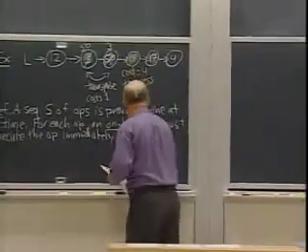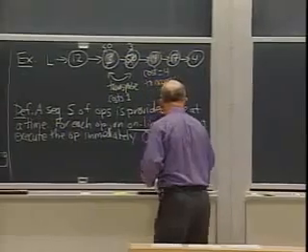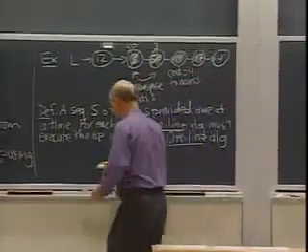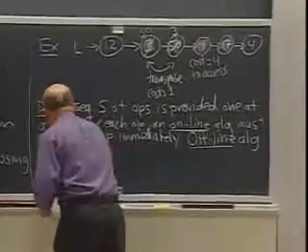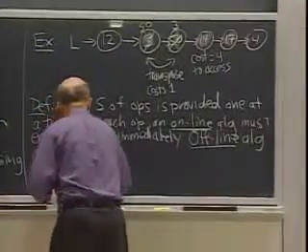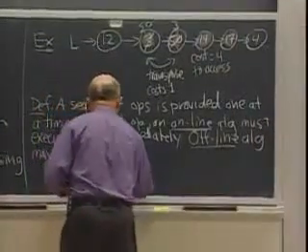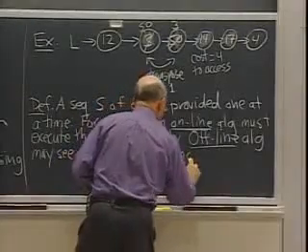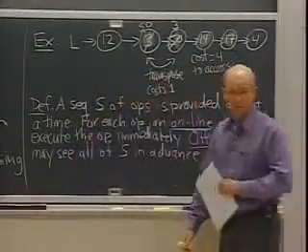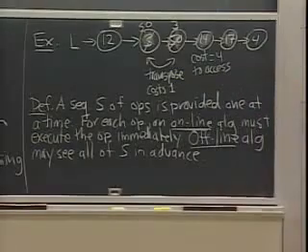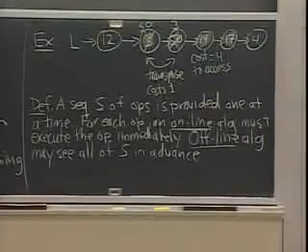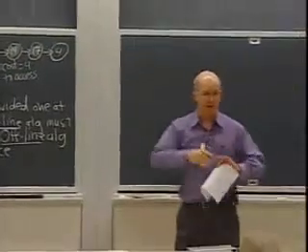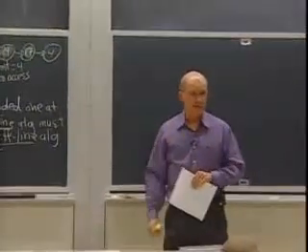Similarly, an offline algorithm may see all of S in advance. Okay, so you can see an offline algorithm gets to see the whole sequence and then decide what it wants to do about element 1, element 2, or whatever.